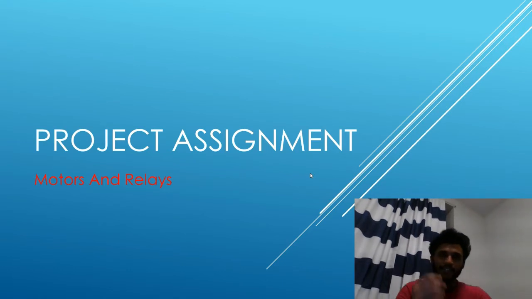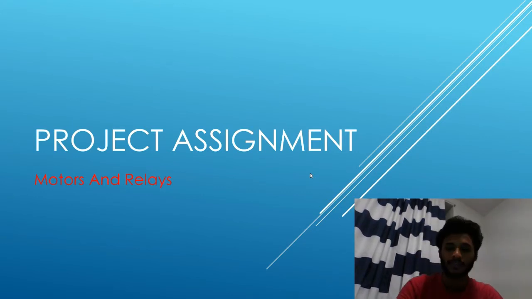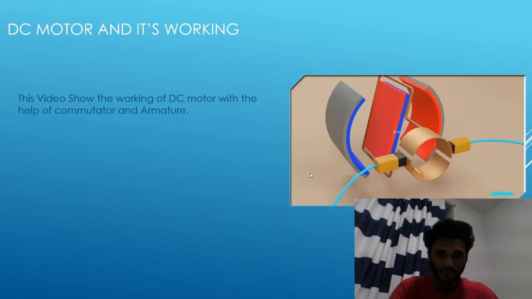Then I'm going to contrast the difference between DC and AC motors, and then come to relays: what relays are, how they work, their basic working principle, and then one of the questions on relays. First of all, we'll start with the DC motor and its working.